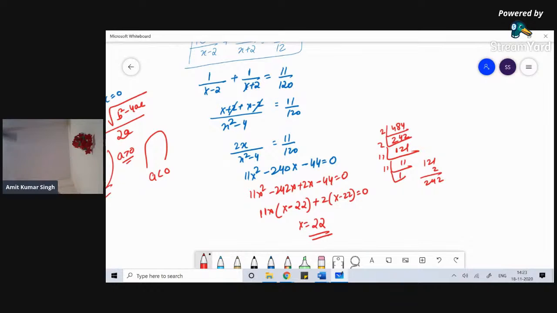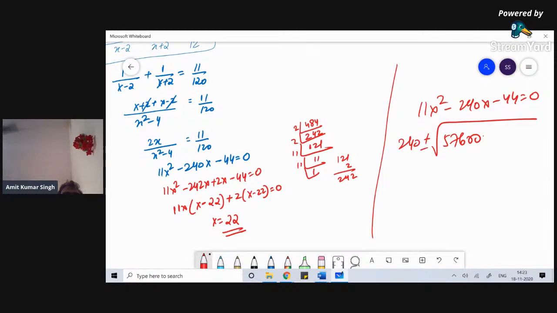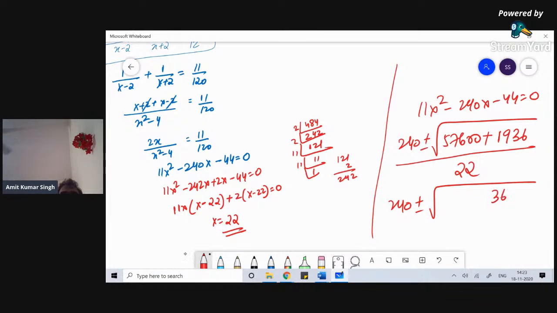Everyone knows how to solve a quadratic equation. You can also solve 11x square minus 240x minus 44 is equal to 0 by the formula: minus b plus minus root of b square, 240 square is 57600, plus 4 into 11 into 44, which is 1936, so 59536, divided by 22.